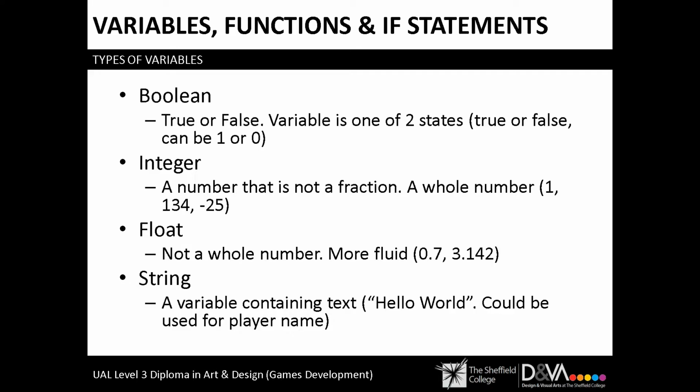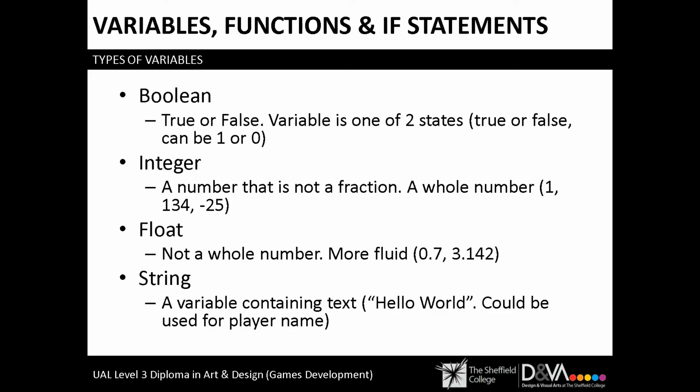An example of that could be a variable called player is alive. Maybe you need to check whether the player is alive or not before moving to the game over screen. At the start of the game, obviously player is alive would equal true, but if the player's HP went below 0, then player is alive would be equal to false.